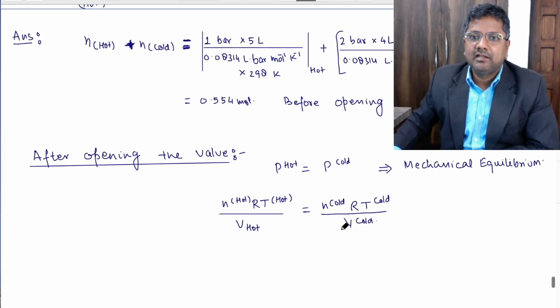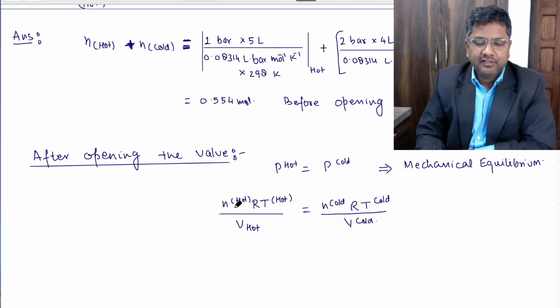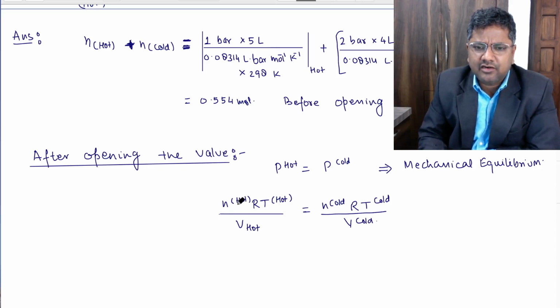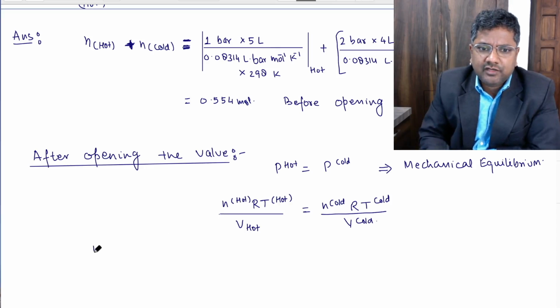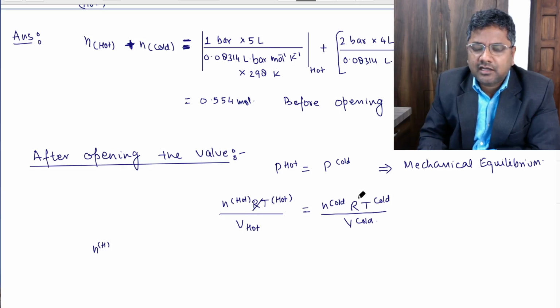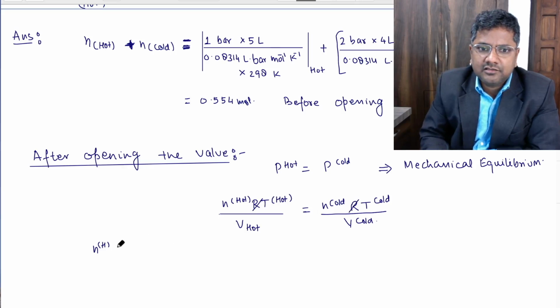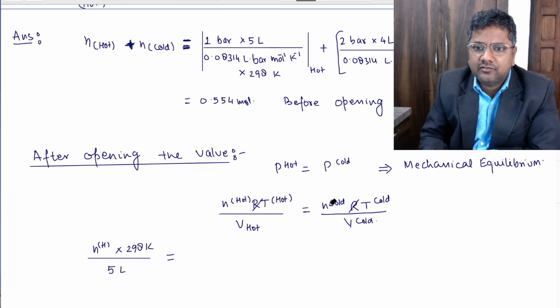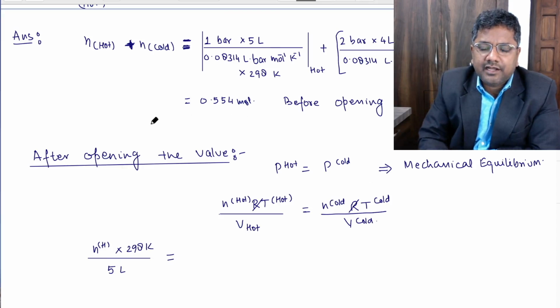Okay. Now put the value of N hot, because this I have to calculate. So N hot R, R cancel. T hot 298 Kelvin divided by V hot 5 liters. This is equal to, in place of N cold, we can write N cold is equal to 0.554 minus N hot.